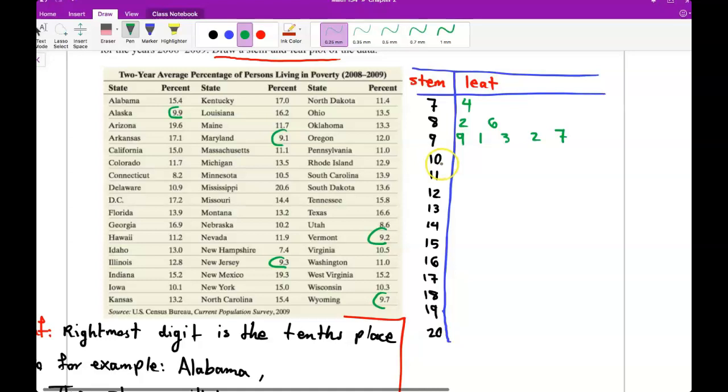Now for 10 we have 10.9, 10.1, 10.5, 10.2, again 10.5, 10.3. You can repeat. So we have to write all those numbers even if the number repeats.